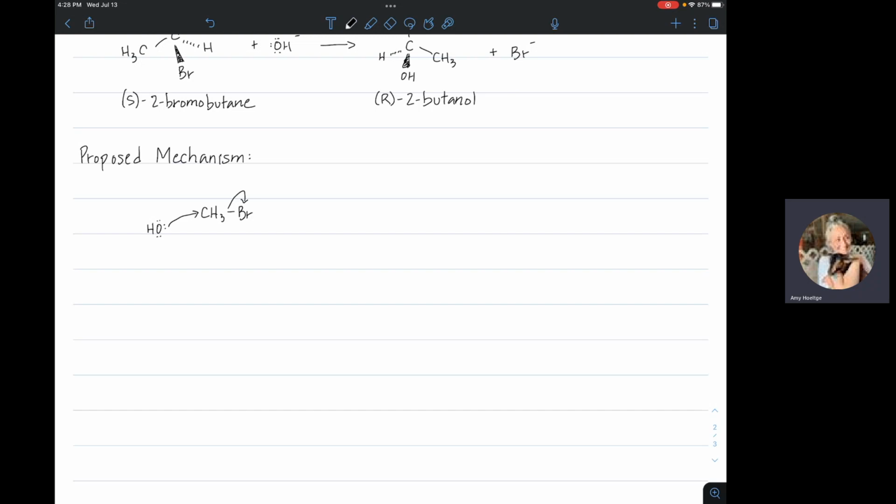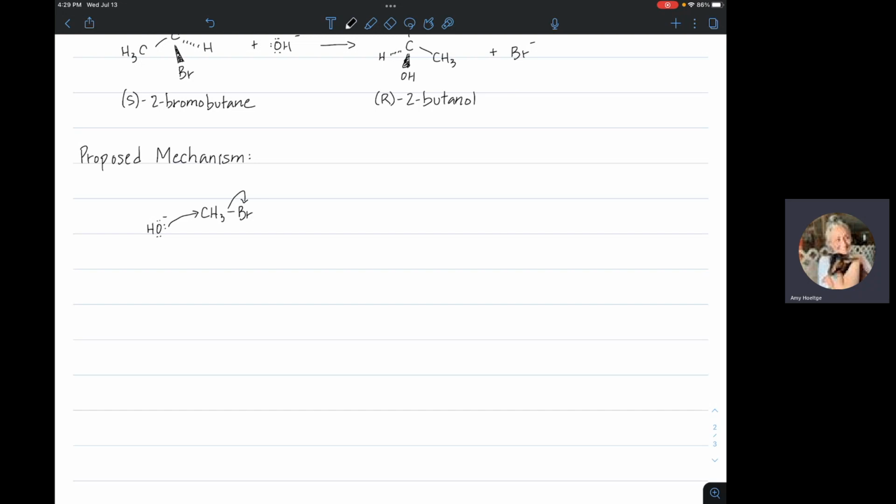So this is a combination of all of the data, not just the stereochemistry, but also the fact that the concentration of the nucleophile, the hydroxyl group, this OH minus here, and the concentration of the alkyl halide are participating in the rate determining step. They're participating in the slowest step of the reaction.